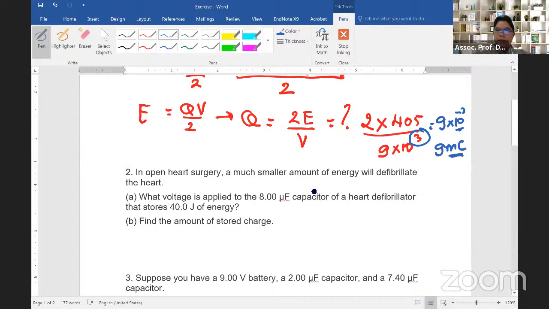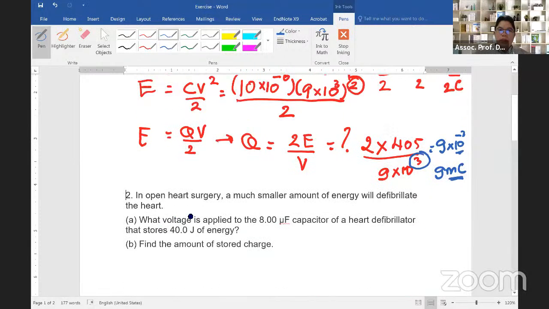I have one more exercise for you. Whoever answers A and B first correctly gets the bonus score. So we go to number 2. In open heart surgery, a much smaller amount of energy will defibrillate the heart.